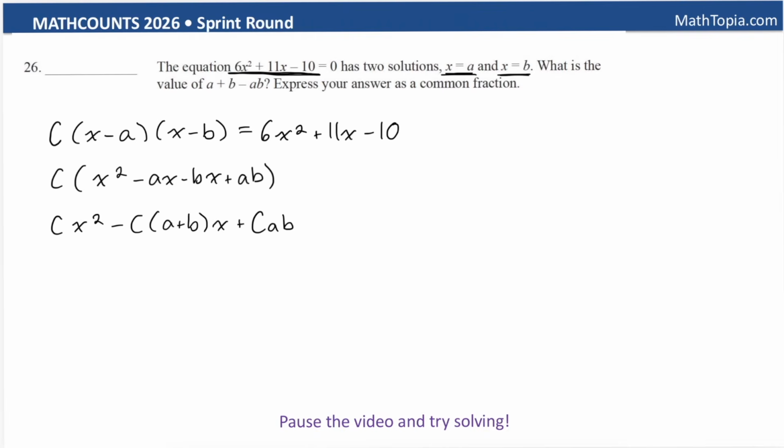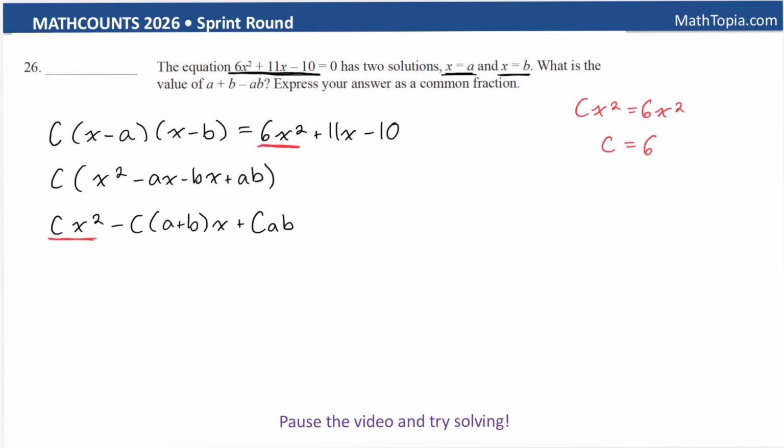Starting with our x squared term, we have cx squared, which is the same as 6x squared. So cx squared equals 6x squared, and we know that c is going to equal 6.